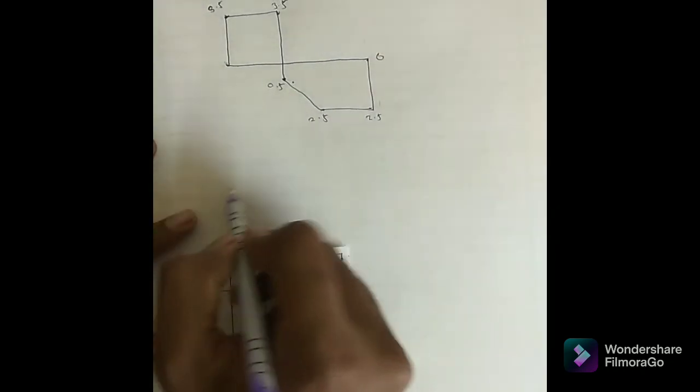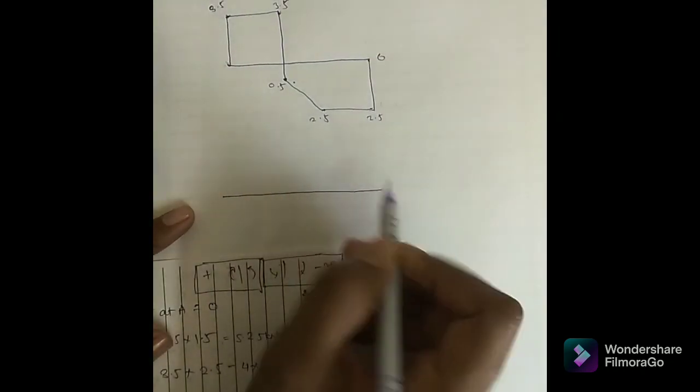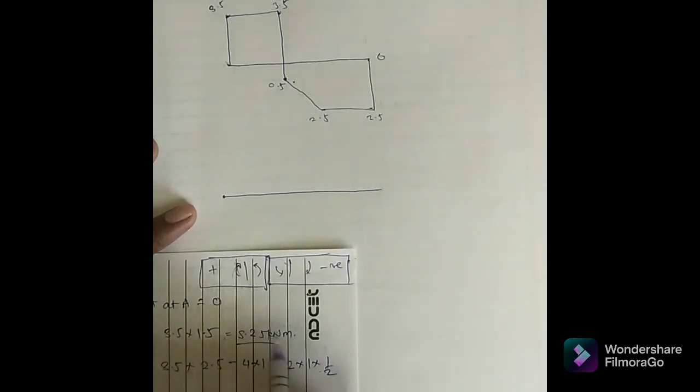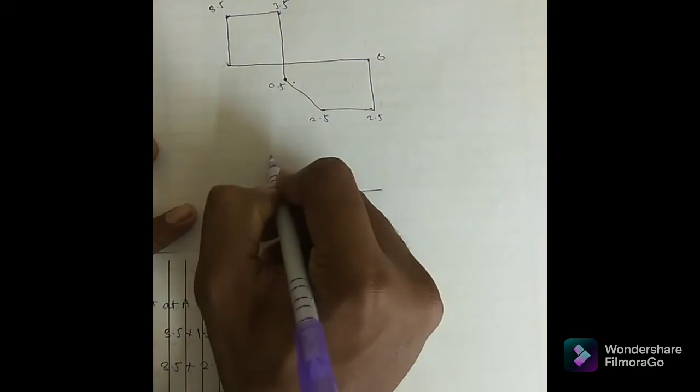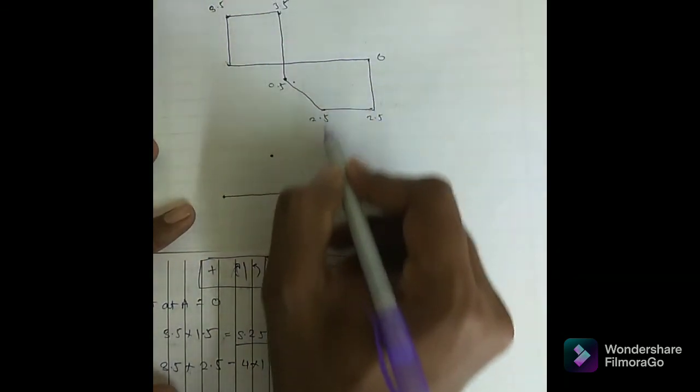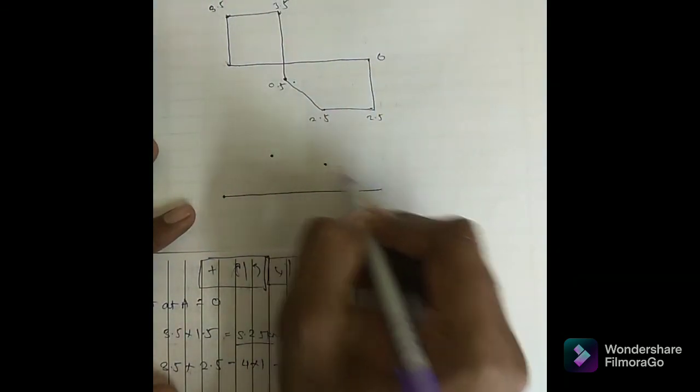Okay, so this is the bending moment diagram. At A, it is 0. At C, it is 5.25. First I will point, then it is 3.75 exactly below D, and then 0.